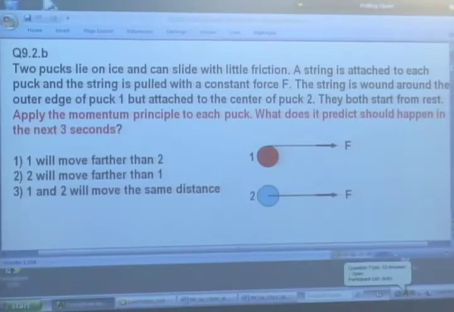We've got a delta t of 3 seconds. They're both starting from rest. What does the momentum principle say is going to happen after 3 seconds? Same force, same time, momentum principle.